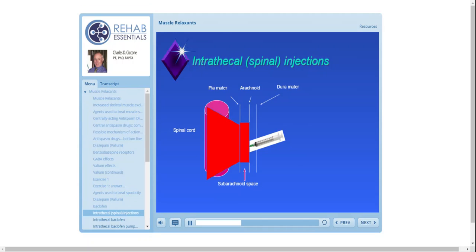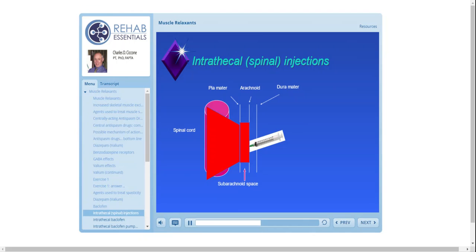Now, some of the drug will get washed away, some of it will migrate upwards and downwards through the subarachnoid space, no question, but most of it does not. Most of it stays where you put it. And this is incredibly beneficial. You'll get better effects using less drug and therefore less side effects.